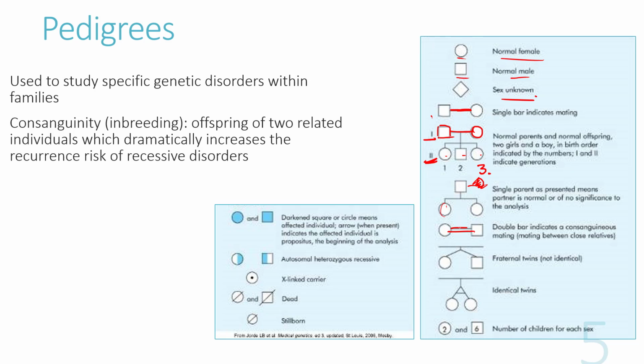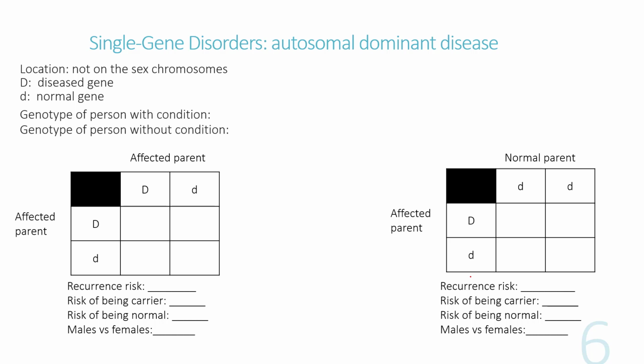Double bar means that it's mating with a close relative, so like a first cousin, second cousin, third cousin, or between siblings or what have you. And this means that it's fraternal twins, so non-identical siblings born at the same time, whereas this indicates that it's an identical twin. All right, so again, we're going to use some of these terms as we go along.